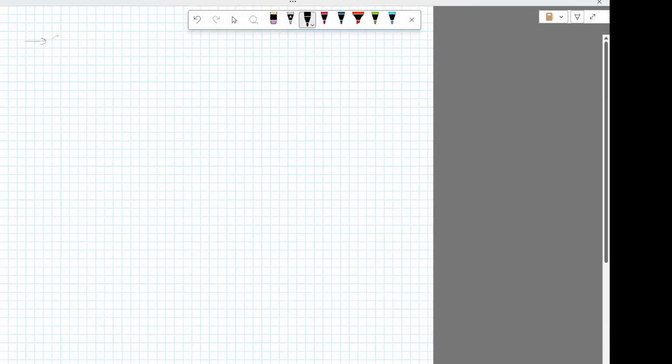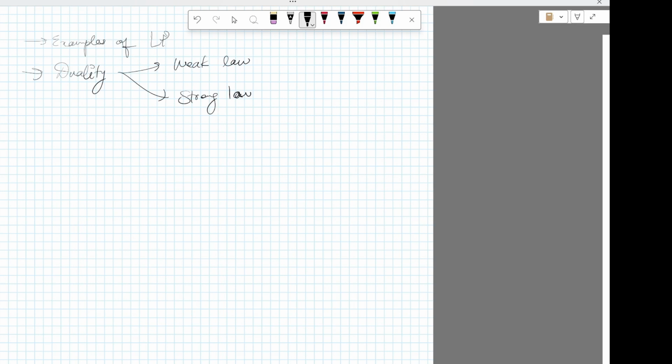One was some examples of LP, linear program, and duality, the weak law and strong law.